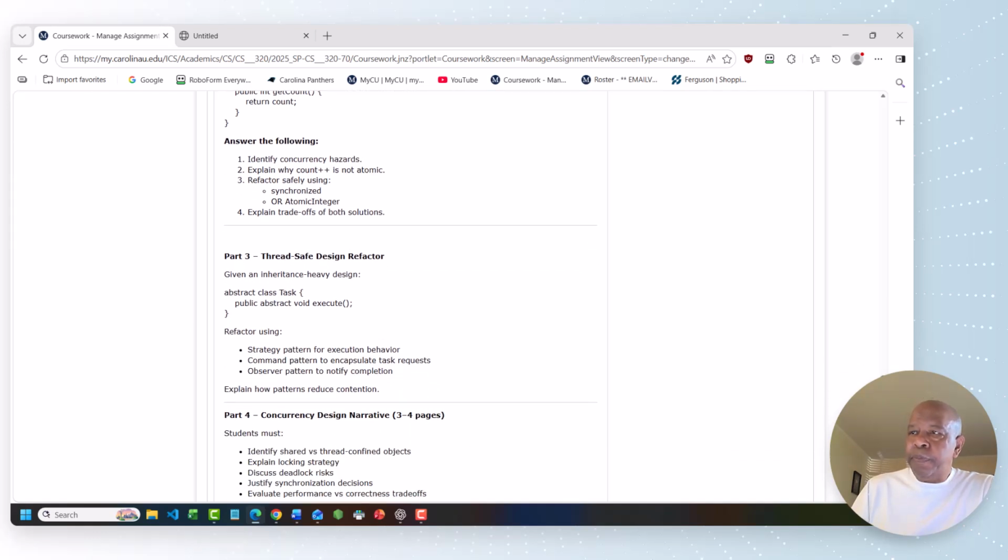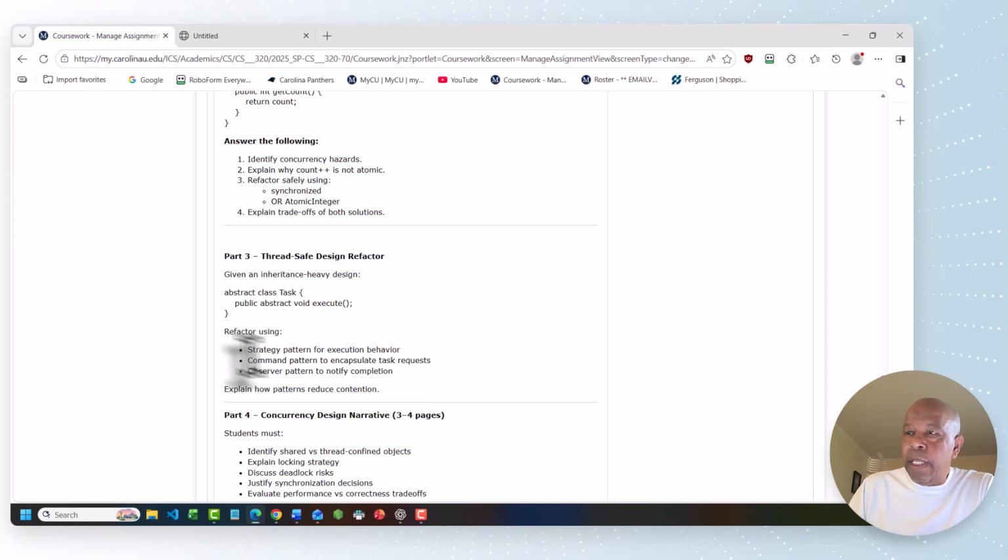In part 3, we have a thread-safe design refactor. Given an inheritance-heavy design, where we create an abstract class that we're going to execute, what I want you to do is refactor this using strategy pattern for execution behavior, command pattern to encapsulate task requests, and observer pattern to notify completion.